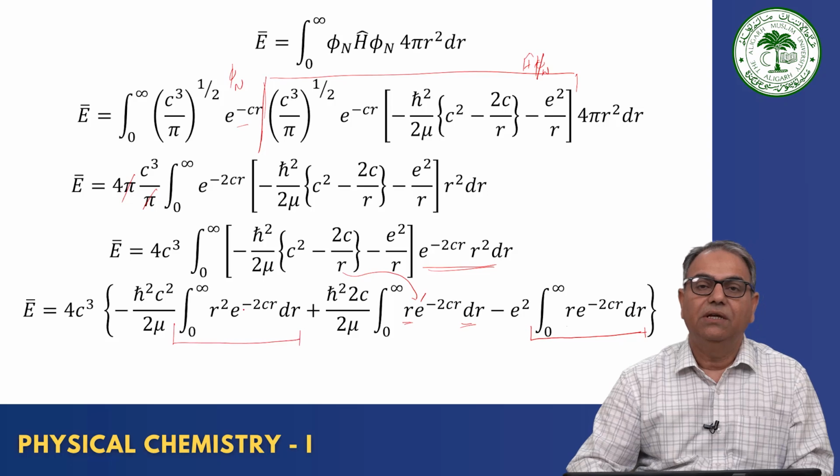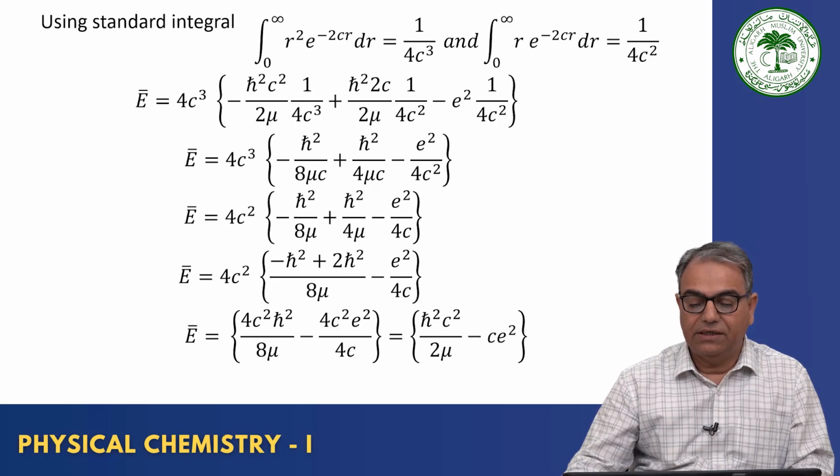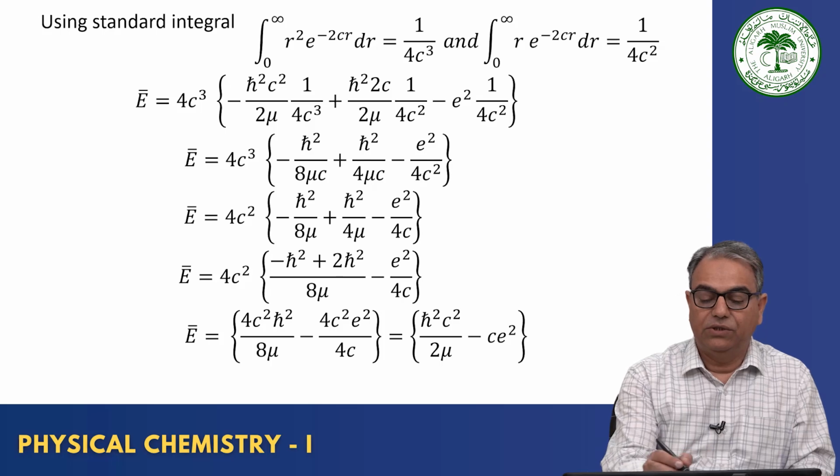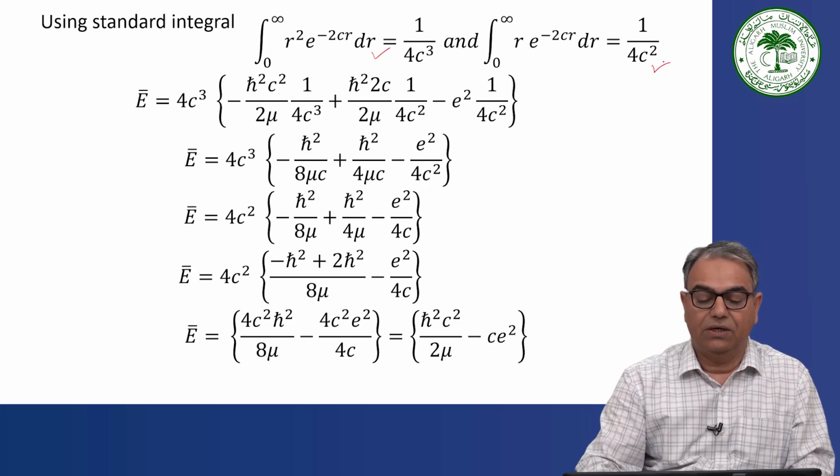And for both these we can use the standard integral value. So the standard integral value is this one. Using the standard integral, r square exponential minus 2cr dr is this one, 1 by 4c cube, and for r exponential minus 2cr dr, 1 by 4c square.